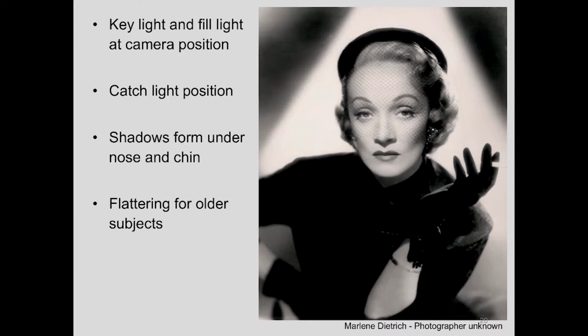With the model light on, you'll be able to clearly see this happening. You should also ensure that you can see those low catch lights in the eyes as well. Butterfly lighting is great for creating that modelling in and underneath the cheekbones, and also disguising heavy chins or heavy necks. It's really flattering for older subjects.